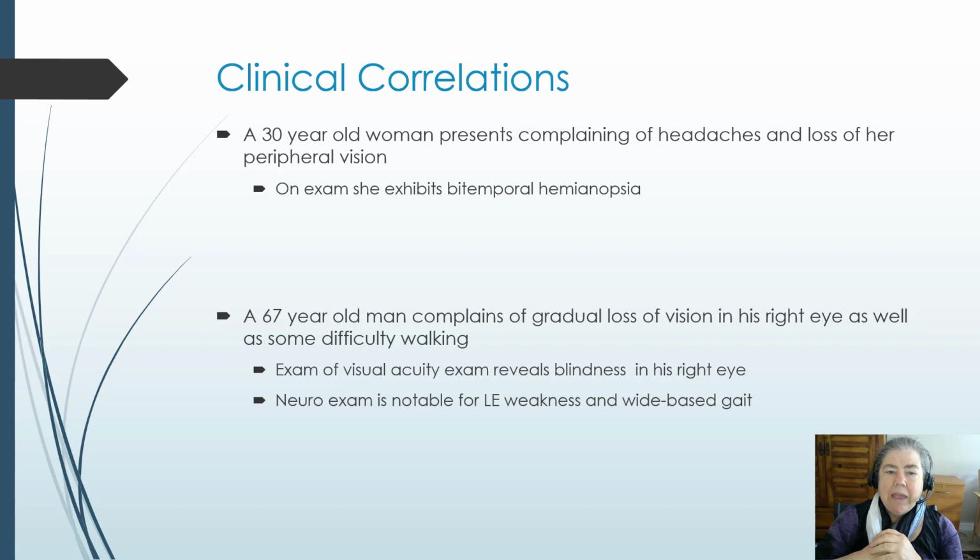You may have a 67-year-old who's complaining of a gradual loss of vision in his right eye and difficulty walking. And when you do your visual acuity exam, he seems to have no vision in his right eye. He's blind in his right eye. He also has an odd gait. He has some weakness in his lower extremities, and he may have some sensory problems.